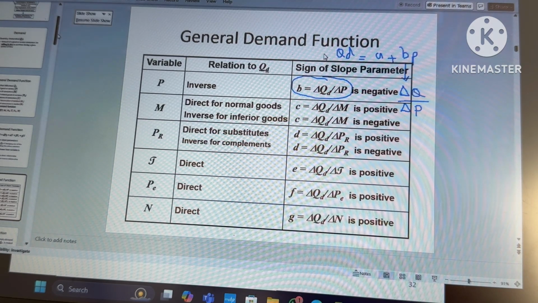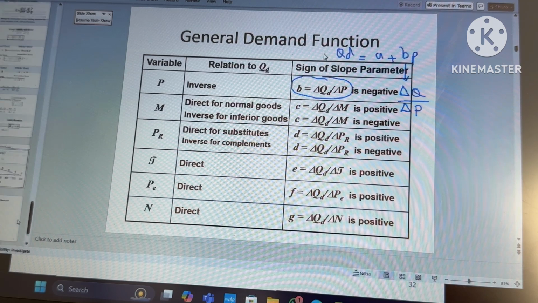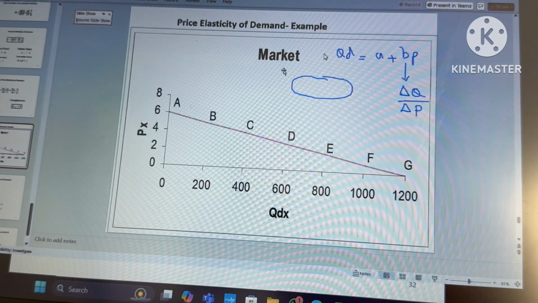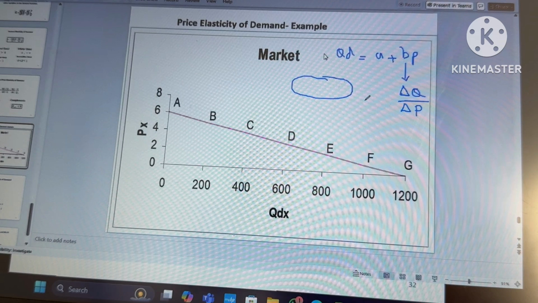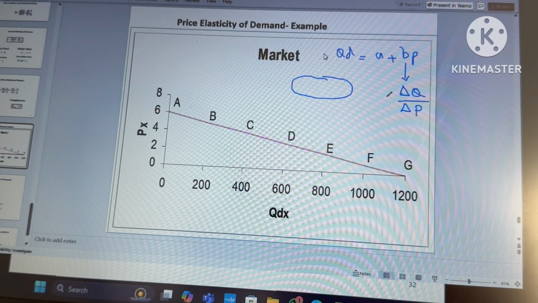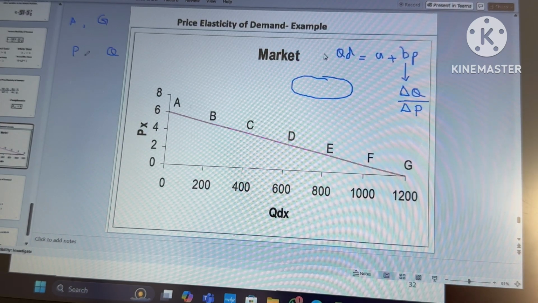Go to that particular slide. Okay. So now to get this value of B, take any two price quantity combinations. I'm taking these two combinations, A and G. Just write these price quantity combinations.